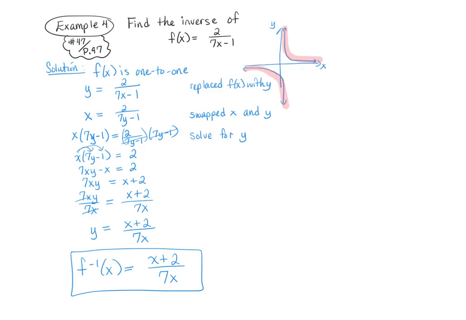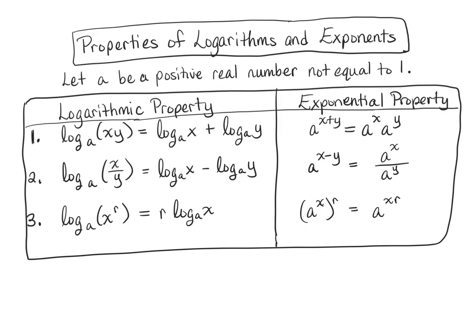Remember, we check to see if our function is one-to-one. In this problem, our function was one-to-one, so we proceeded with finding the inverse. This is our inverse.